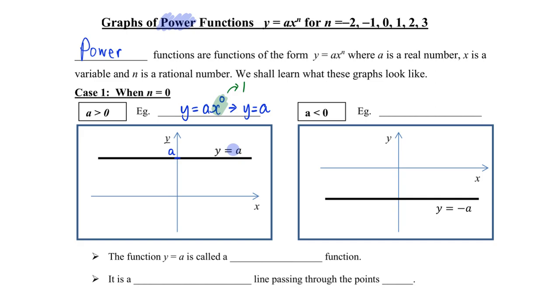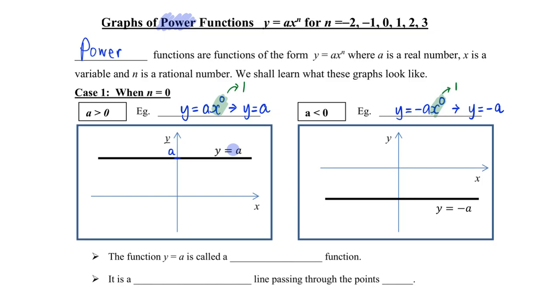It is actually a horizontal line. And when I do it for a negative value of a, meaning negative a times x to the power of 0, this is again y equals -a, because by the same understanding, anything to the power of 0 is equal to 1.